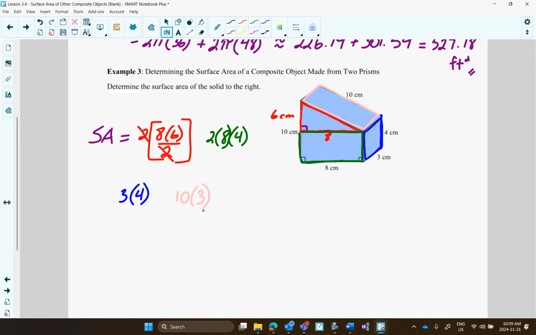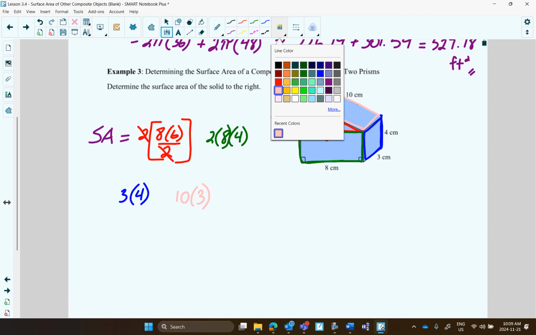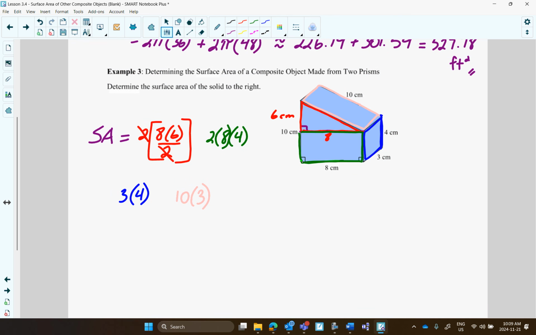And I've got one more side, right? This one. So, one green. So this one, back here. 10 by 3.